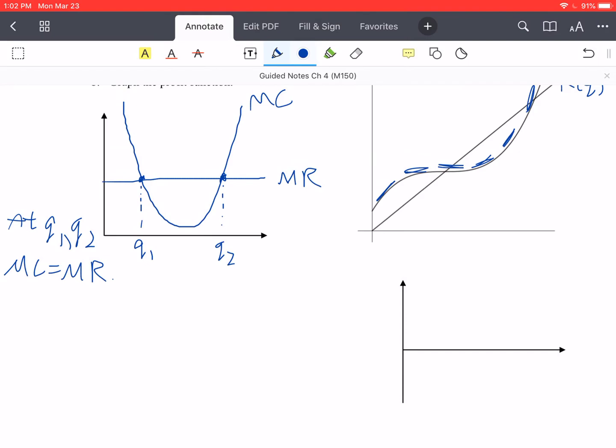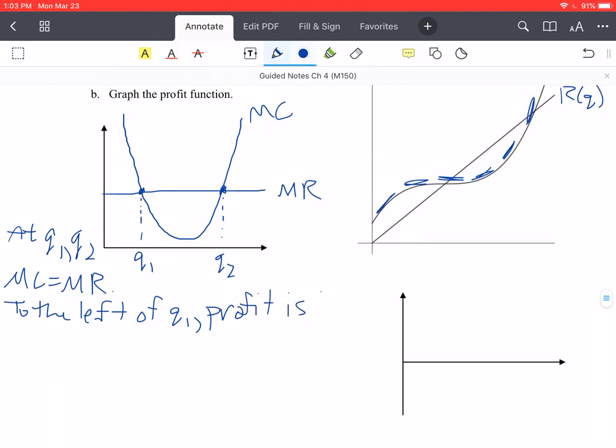So the question is, what's happening at these critical points? Well, to the left of Q1, what is profit doing? So we would say that profit is decreasing.